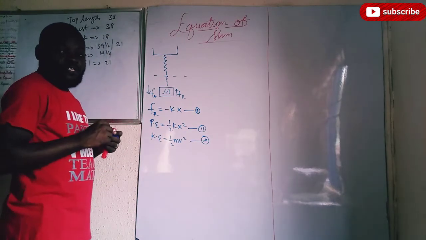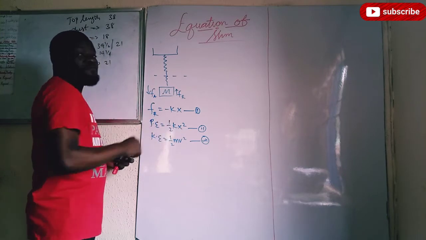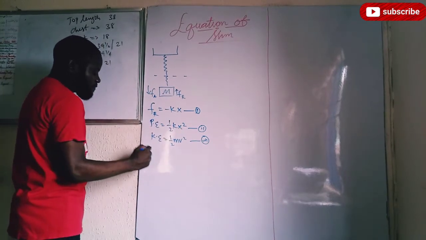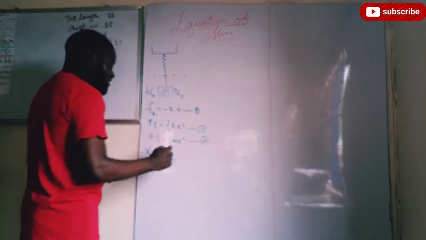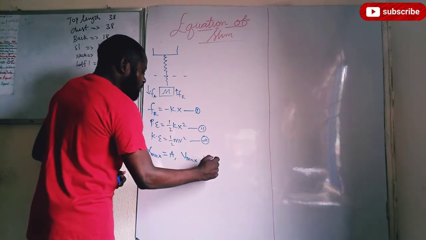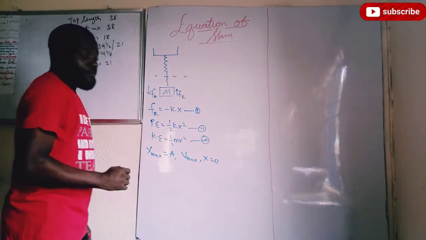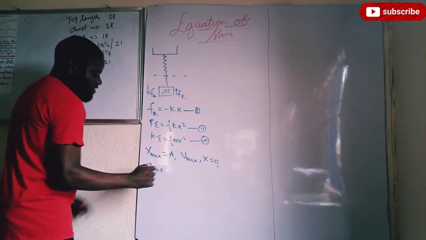Now watch, I would like you to understand something, that at a point where your x is maximum, that is when the displacement is maximum, is what we call the amplitude, and at the same time velocity is said to be max when displacement is equal to 0, and also acceleration is said to be max when displacement is max.